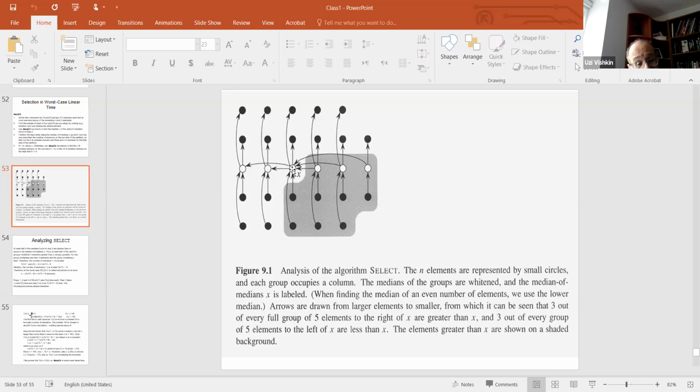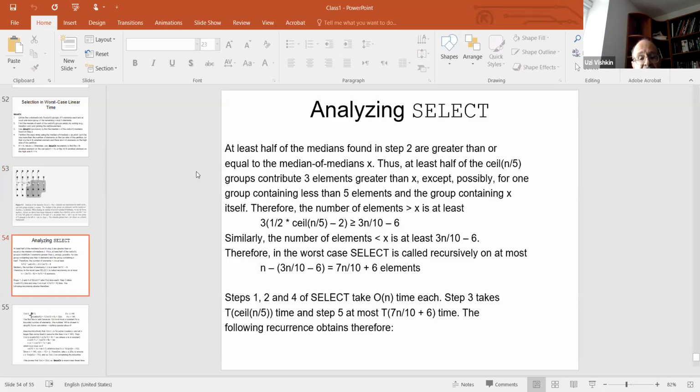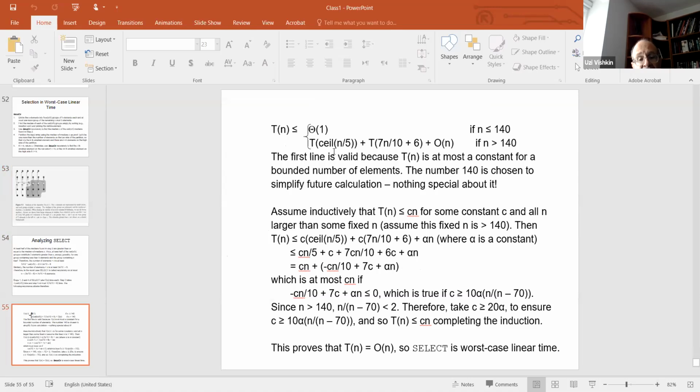I hope that this is clear, because when we tried to find the median of medians, here my n was n over 5 of the original n, because 1 of every 5 elements participates. Okay, so we have a problem of size n over 5 that we need to do, and this problem of size n over 5 is written here.